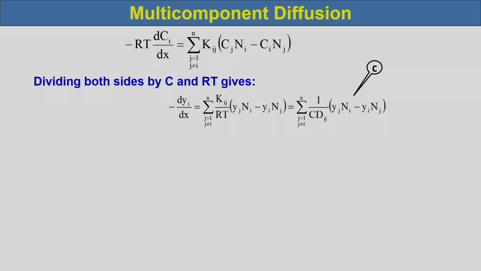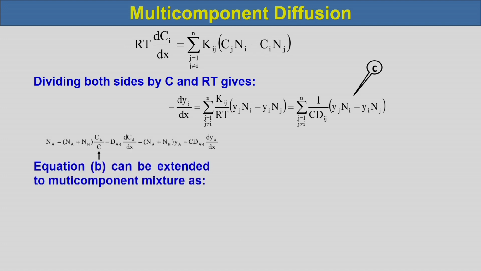So, k_ij by RT we can write as 1 by C D_ij. So, this is equation C.